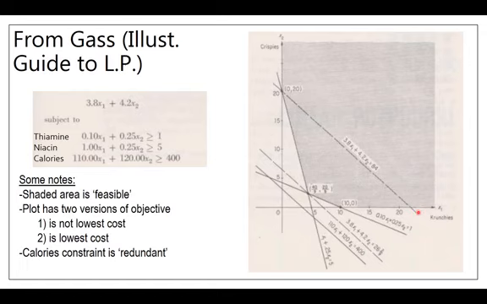plots two versions of the cost constraint, or the cost objective. The first one is way up here, and you can see there's lots of ways of getting a cost of 84 up here in this choice. And so just like before, when we said we can move around the objective line, or when you look at your reading from this week in the Anderson chapter, it talks about graphical solutions.